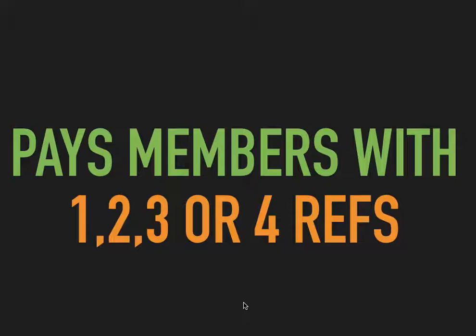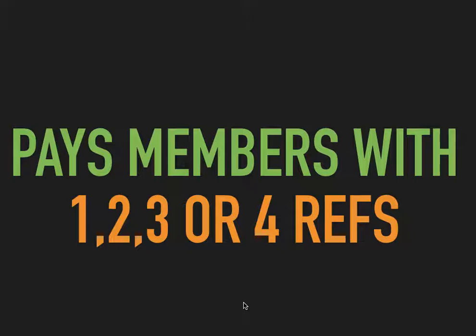And since everybody should be asking the admin of the system to enable their auto deposit function, if you have three or four current referrals, you might cover your membership, or at least a part of it.